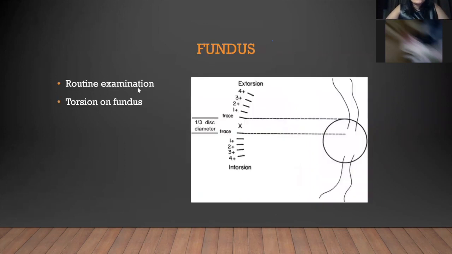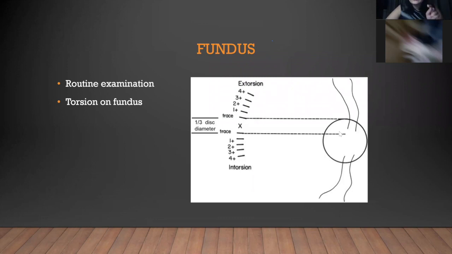We cannot complete a squint examination till we go through a fundus examination to assess what is sitting behind on the retina. Is there any sensory deficit which has given rise to that eye not seeing and drifting outwards or inwards and leading to the squint? Also, the torsion you want to assess on your indirect ophthalmoscopy, which is, this is your disc, this is your fovea, and normally up to this 1/3 disc diameter.